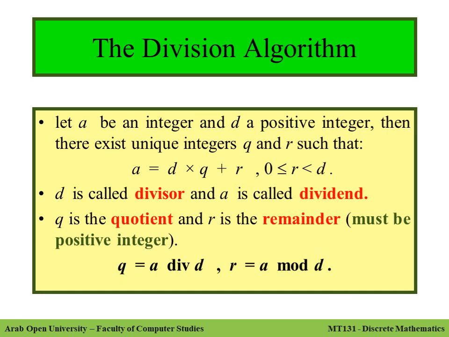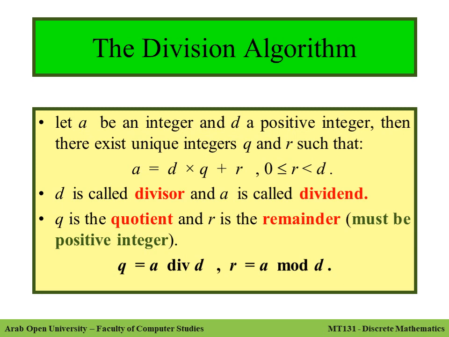Next, we would like to look at the division algorithm. If a is an integer and d is a positive integer, then there exist unique integers q and r such that a is equal to d times q plus r, and r is greater than or equal to 0 and less than d.